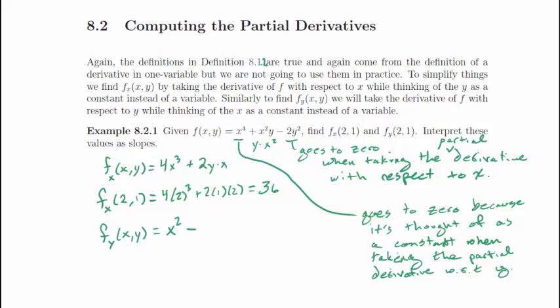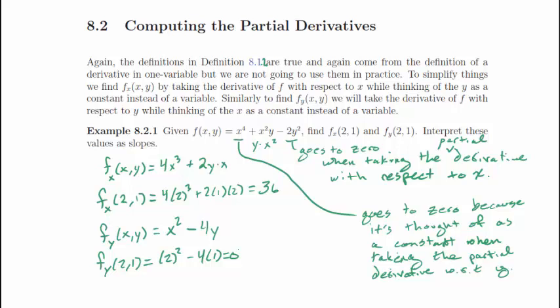Minus the derivative of 2y squared is 4y to the first, right? The 2 comes down, multiplies by the 2, we just get a 4y. That's it. That's my partial derivative of f with respect to y. So f sub y of 2 comma 1 equals 2 squared minus 4 times 1, which equals 0.